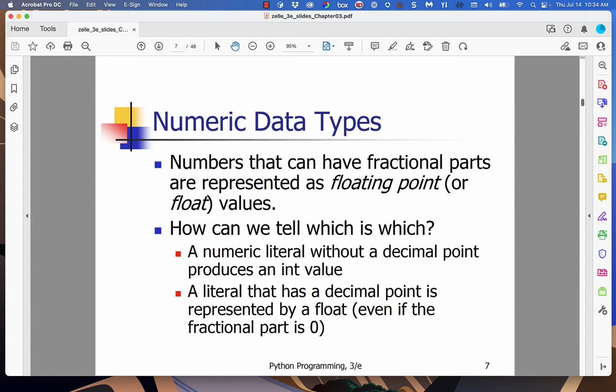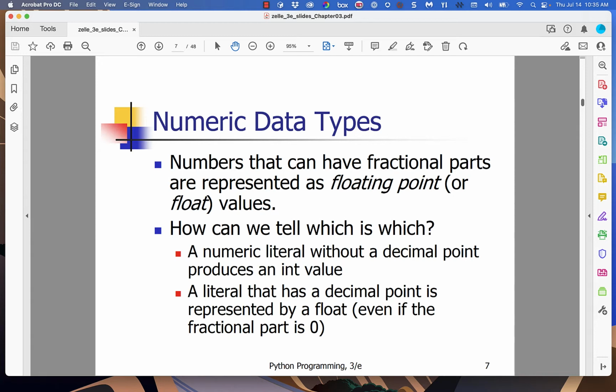How can we tell which is which? Well, if we're typing in a literal value in our code without a decimal point, then that becomes an int value, like 1 or 5 or 0.